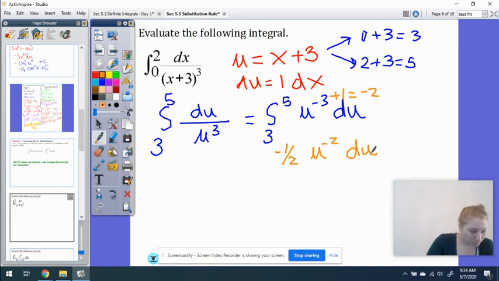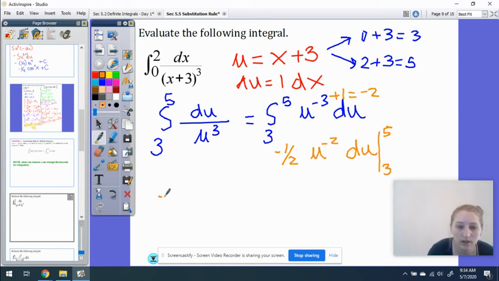So from here, now that we've changed these to be u, we don't have to resubstitute in what u was. We are just going to simply plug in the 5 and plug in the 3 and subtract those two values.